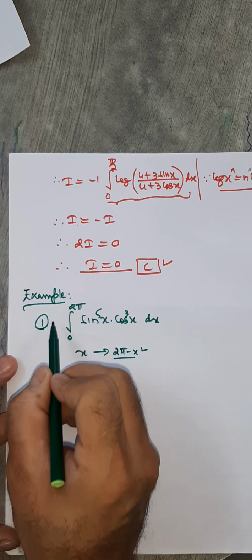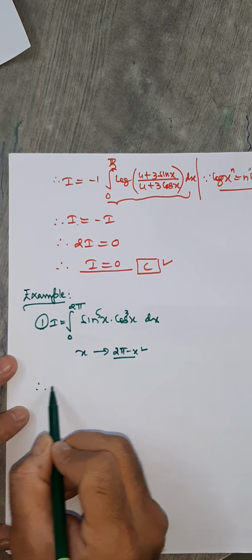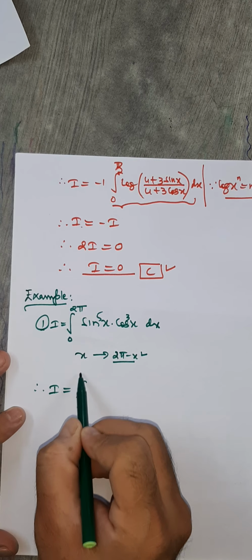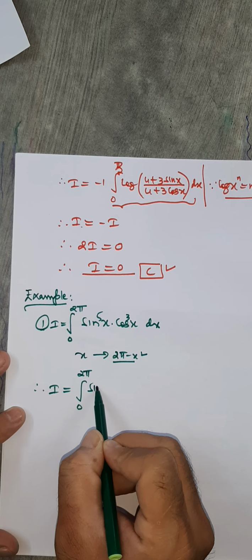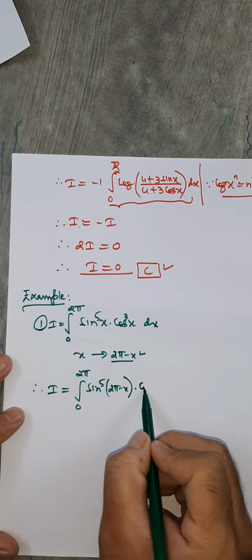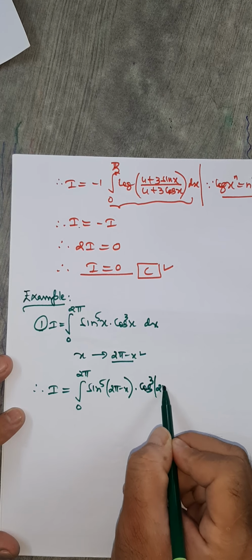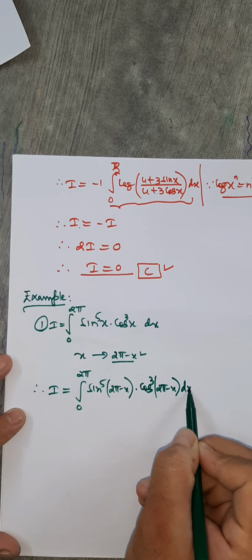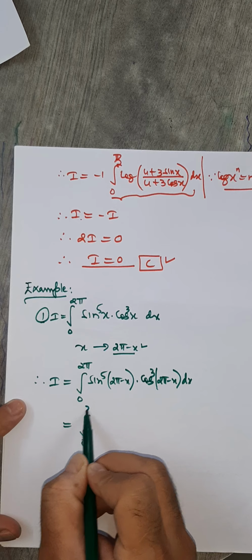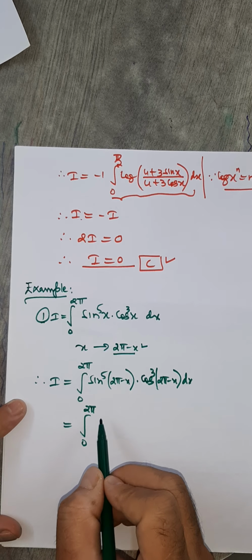You know that property. Call this as I, and therefore I equals integral 0 to 2 pi sine raised to 5 of 2 pi minus x into cos cube of 2 pi minus x.